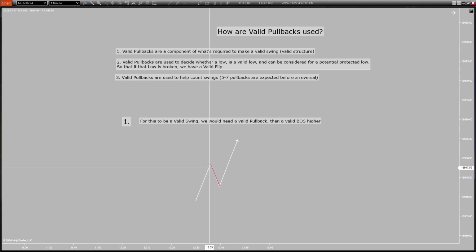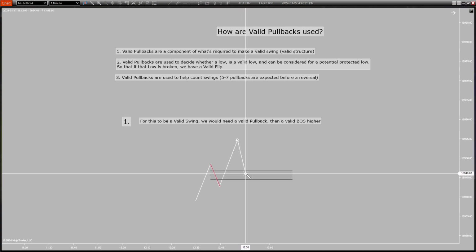So price was pushing up, we had a valid pullback, this red leg, and then a valid break of structure. This is essentially a continuation pattern. So we could potentially expect price to come back into our continuation zone. Maybe I should ignore the 30 and 70 and only use 50 for now.